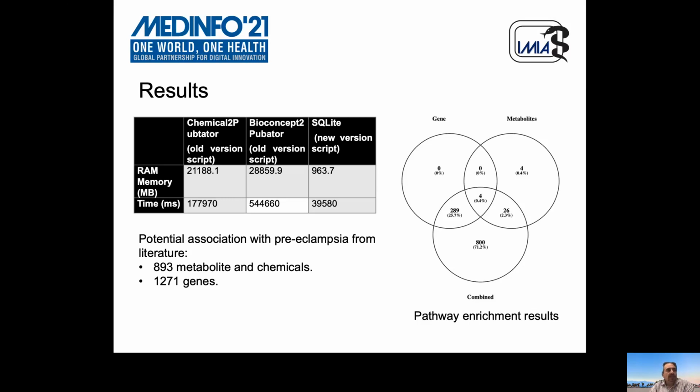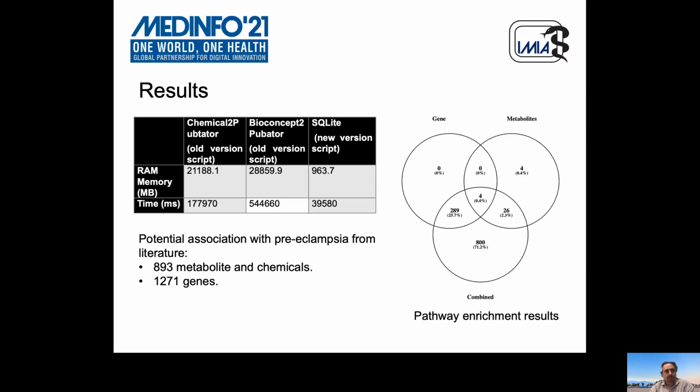When we use just the chemical to PubData in the old version of our script, before the update to the new PubData Central dataset, the system used approximately 21 gigabytes of RAM memory.